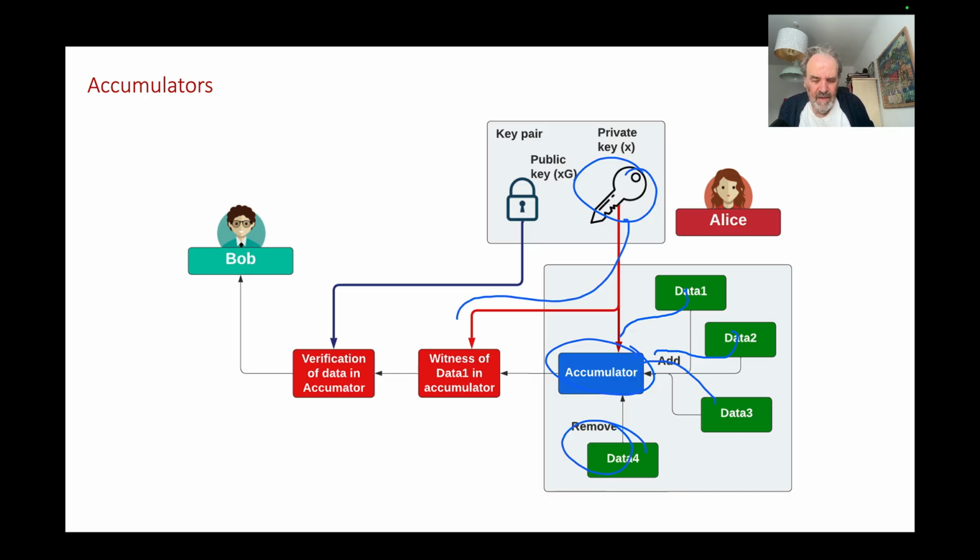After this, Alice can create what's called a witness that a certain value is in the accumulator without revealing any of the other data that's in there. Then, using the public key, Bob can verify that that data is in the accumulator.